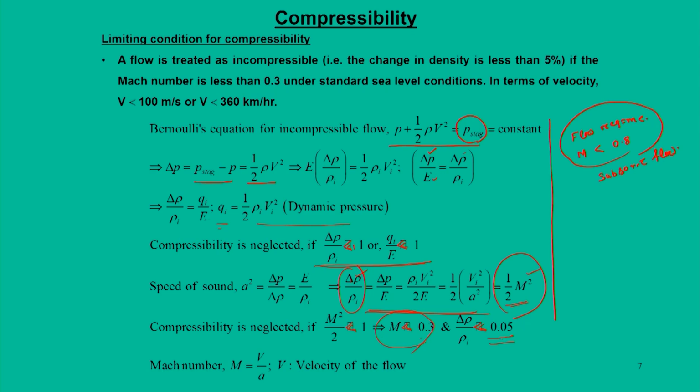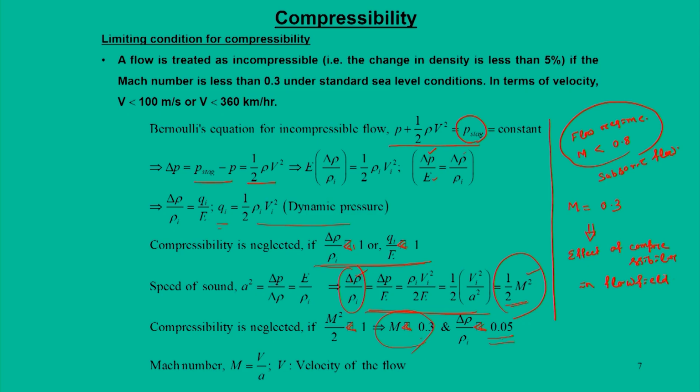So the limiting Mach number is 0.3, beyond which the effect of compressibility comes into the flow field. That is the catch.